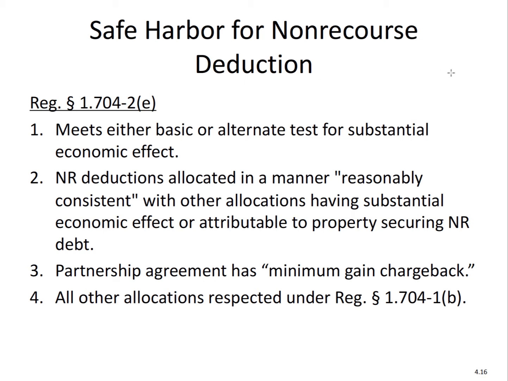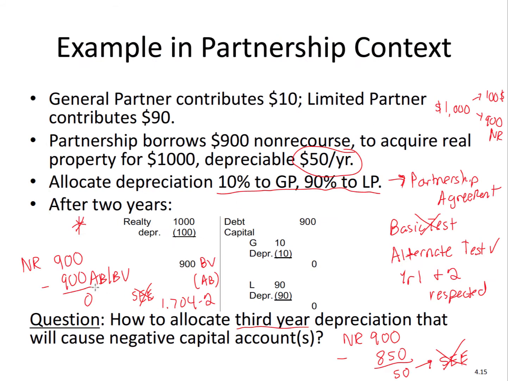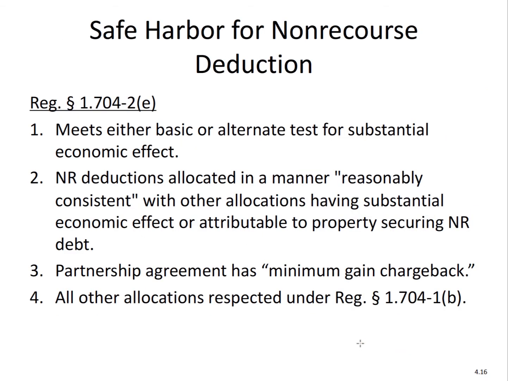But for right now, the simple explanation is that non-recourse deductions are any deductions related to non-recourse financing that are cost recovery beyond the substantial economic effect principle we saw earlier. So beyond when that non-recourse financing becomes greater than the adjusted basis. That's a non-recourse deduction. That's the simple test for determining it. It's a little bit more complicated. I'll explain later how, but usually that's how you determine it.